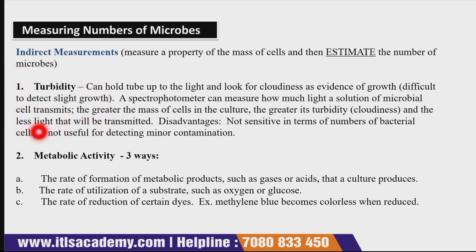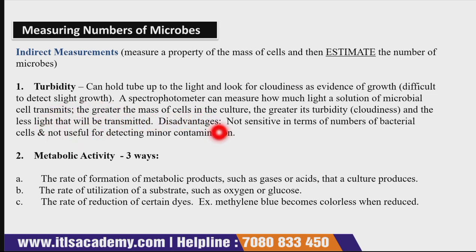Then comes turbidity. You can hold a tube up to the light and look for cloudiness as evidence of growth. It is difficult to detect slight growth. The spectrophotometer can measure how much light a solution of microbial cells transmits.